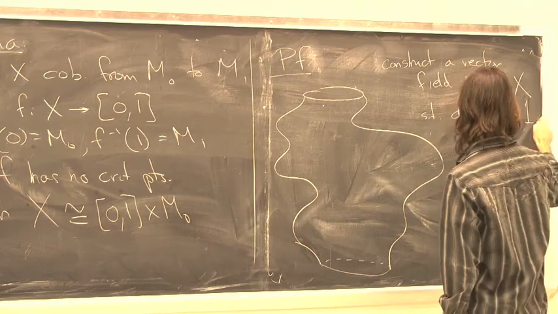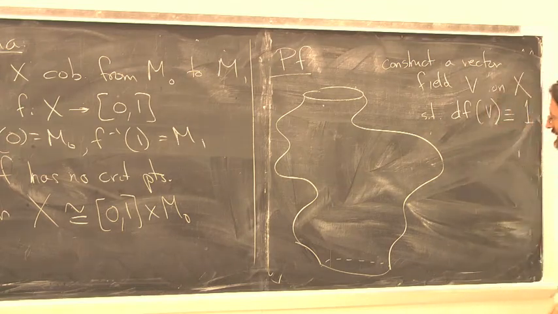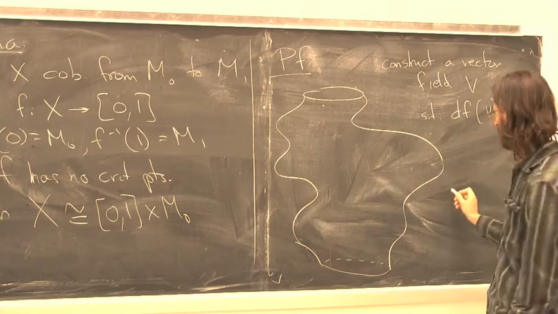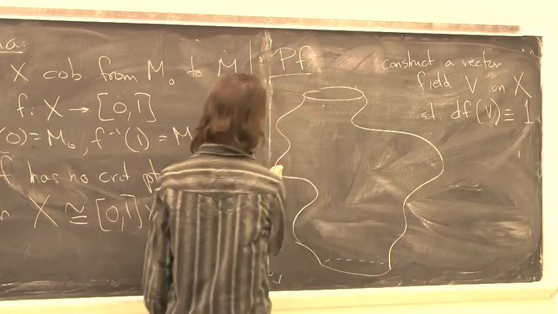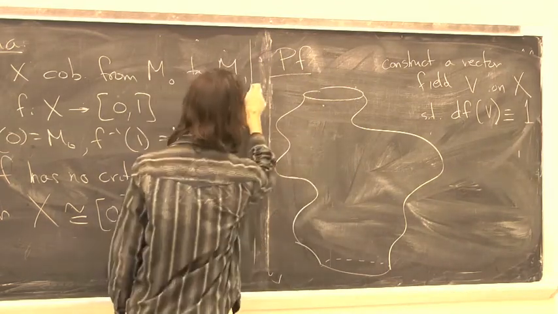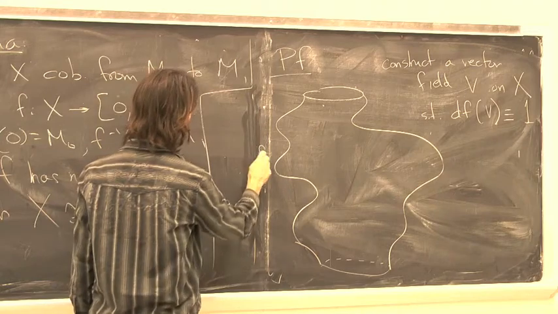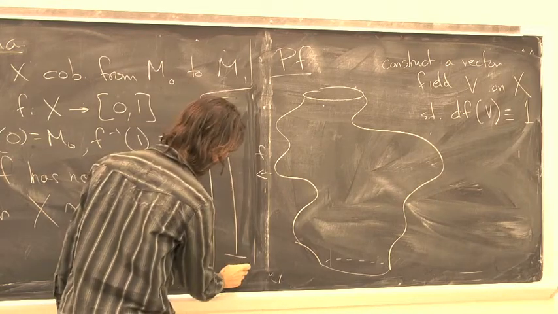It's constantly equal to 1 everywhere. And what that means is that it points up, this is mapping by F to the interval [0,1].